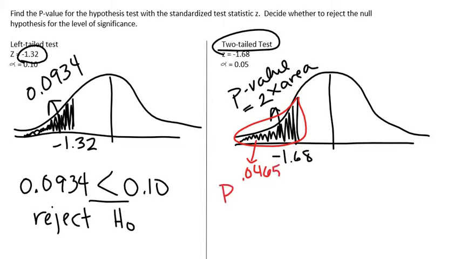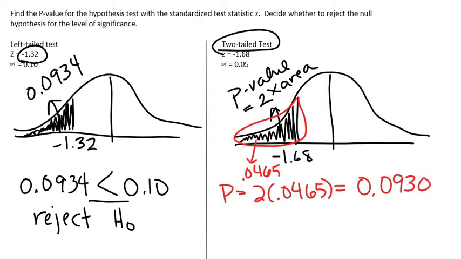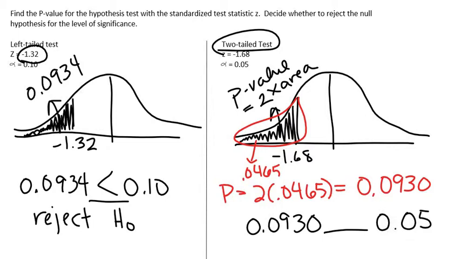So the p-value is twice 0.0465, and that is 0.0930. Now let's compare our p-value versus our alpha value. You can see here that your p-value is greater, therefore you're going to fail to reject the null hypothesis.